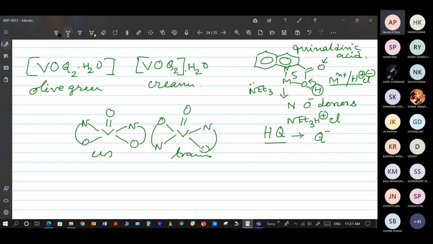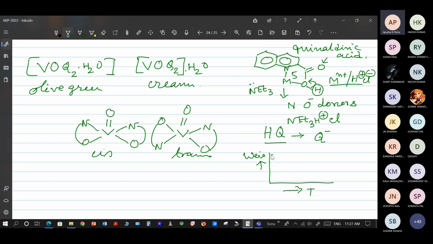Now the thermal decomposition curves, if you do the TGA, DTA experiment. Thermogravimetric analysis means you are heating your sample and observing the weight loss. So suppose you are heating, so the temperature increases, and here is the weight of that compound. Let us start with a molecular weight, suppose 300.